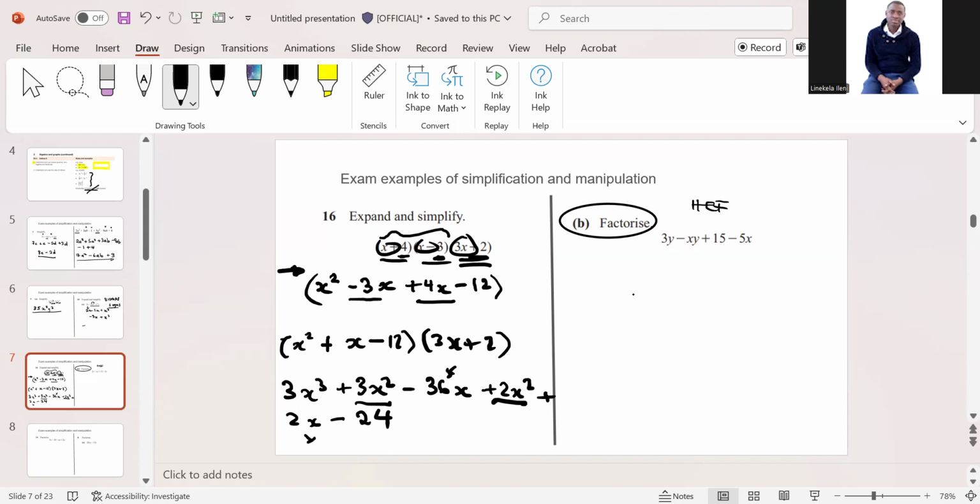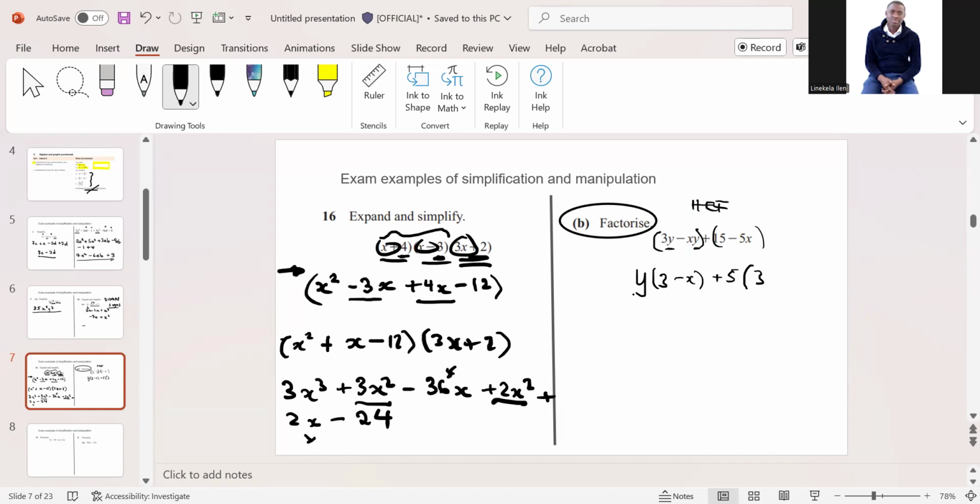Clearly, it doesn't matter which ones I group, really. I'll just get the same thing. So I can group this one and this, and this and this. Here I can see that the highest common factor of this is y, so I can factor y outside, and I'll have 3 minus x. Then the highest common factor of 15 and 5 is literally 5, so I'm going to write 5. 5 into 15 is 3, so my brackets are already starting to appear to be the same.